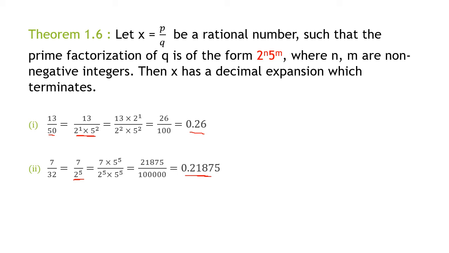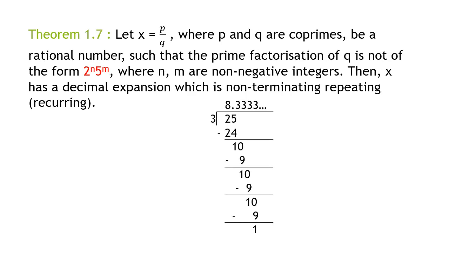And theorem 1.7, what does that state? It states if x is a rational number, p and q are co-primes, and q in its prime factorization is not in the form of a combination of 2 and 5, then such a decimal expansion will be non-terminating but recurring.